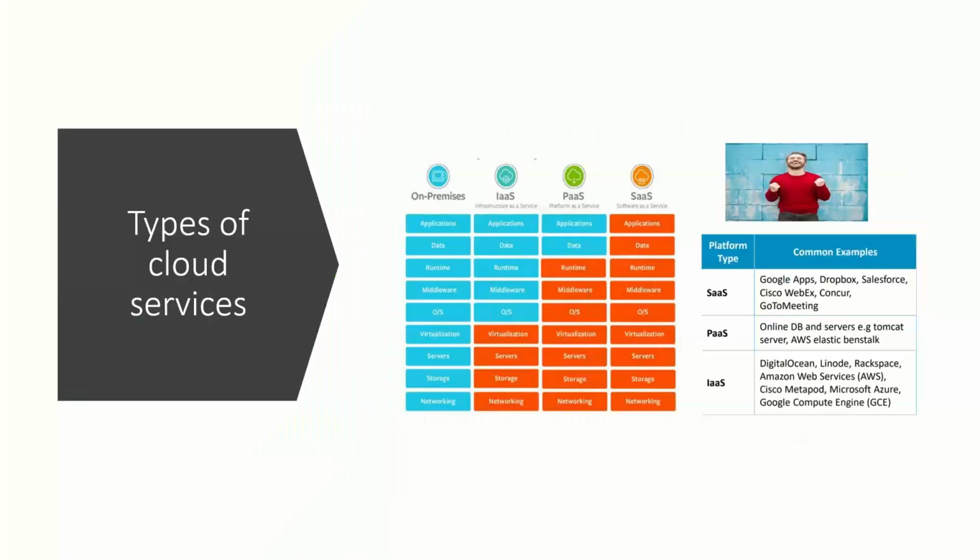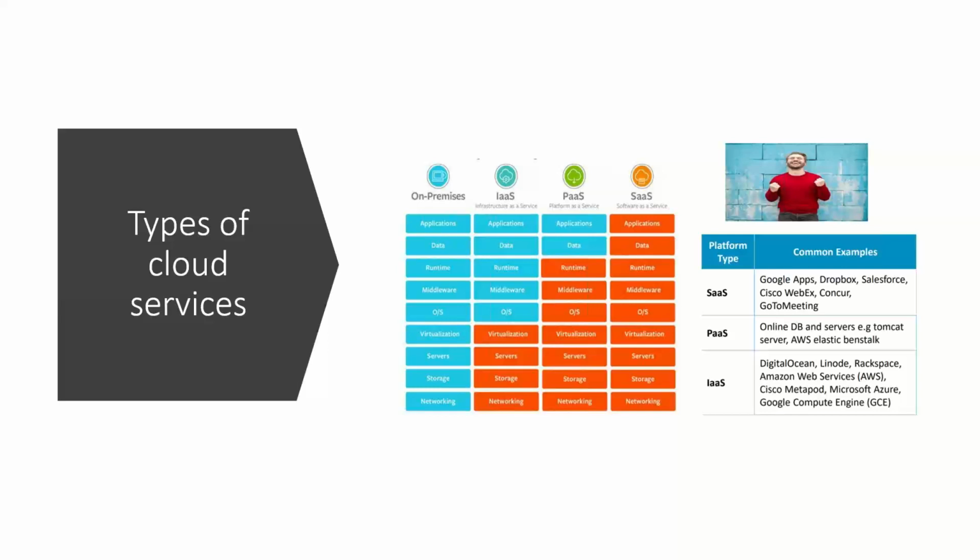So we have so many vendors available in the market providing cloud services. As everybody knows, AWS is the leader in cloud computing, right? The next goes to Azure, then GCP, Google Cloud Platform, and so on and so forth.